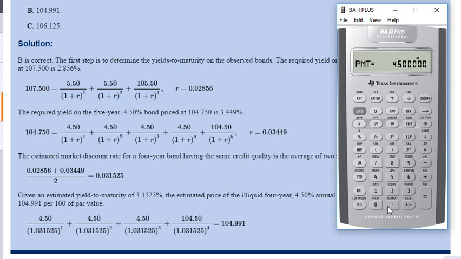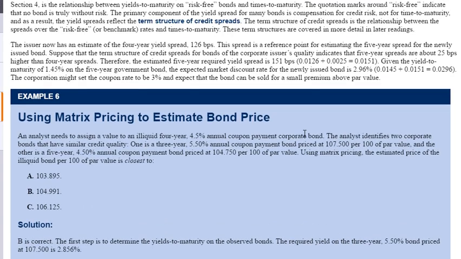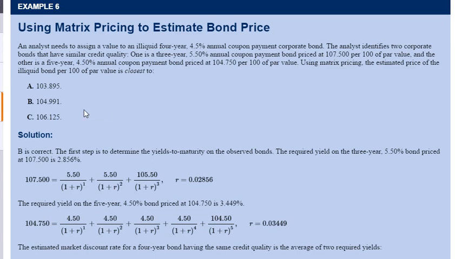And our I/Y now, we're going to use that average, 3.1525 as our I/Y. And as I said, it's 4 N. And we're going to compute the present value, 104.99. Rounding to 1, it's closest to B, 104.991.